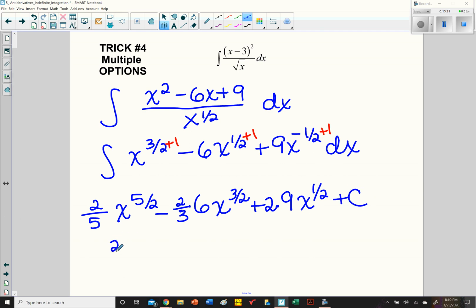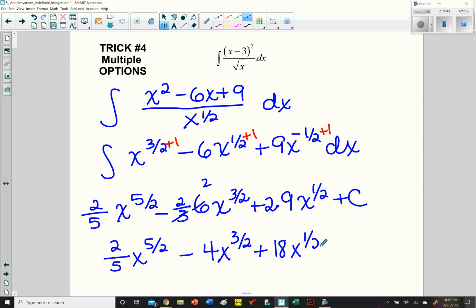So we have for an antiderivative 2 fifths x to the 5 halves, and 3 divides 6 2 times, so negative 4 x to the 3 halves, and 2 times 9 is 18, x to the 1/2 plus a constant. So we can just leave that answer just like that. No need to reduce it down anymore.